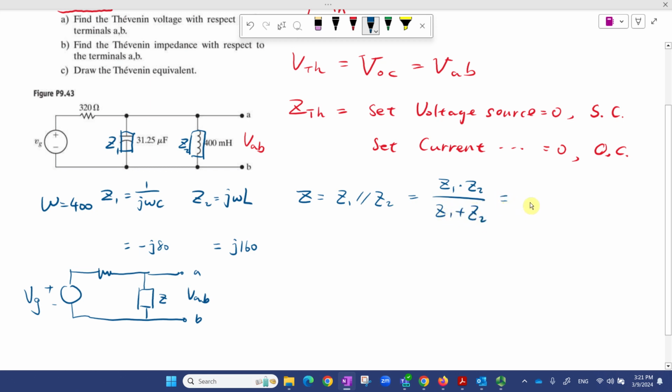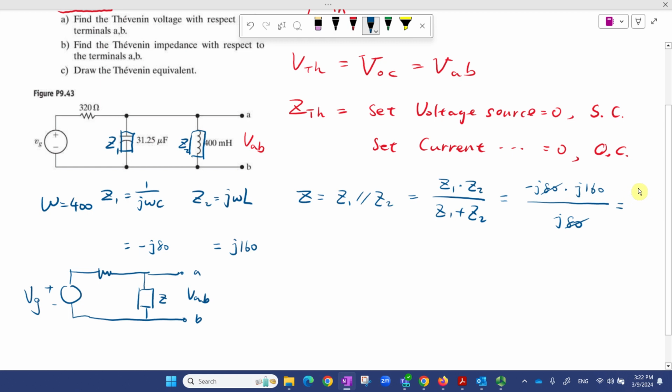Z1 multiplied by Z2: Z1 is negative j80 multiplied by j160, divided by negative j80 plus j160, so it's positive j80. Then we can cancel this 80, and j times j becomes negative 1, and there is another negative sign, so this becomes positive, right?